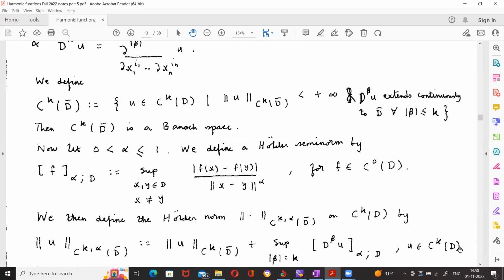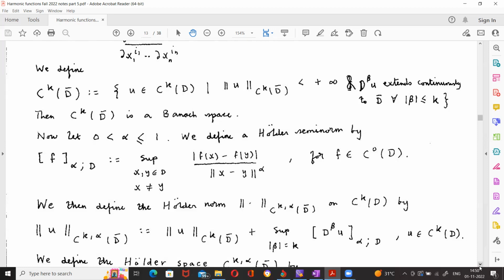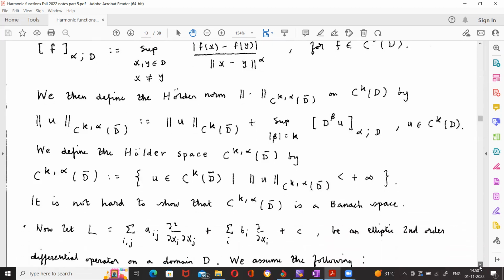Now notice this semi-norm is not a norm. If the semi-norm is 0, it just means that f is constant, but f doesn't have to be 0, right? So it's not a norm, it's a semi-norm. But we can define a genuine norm, a Holder norm, the CK alpha norm.